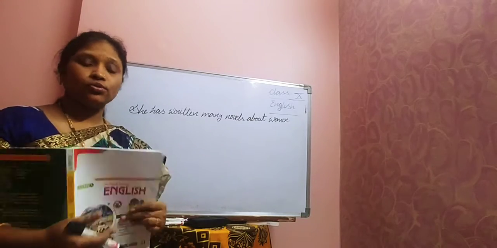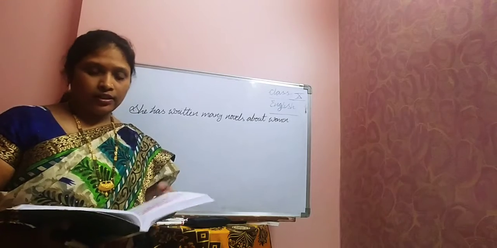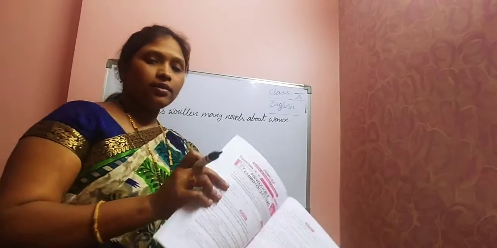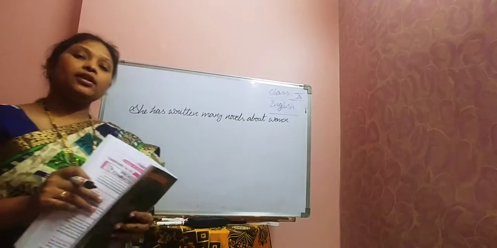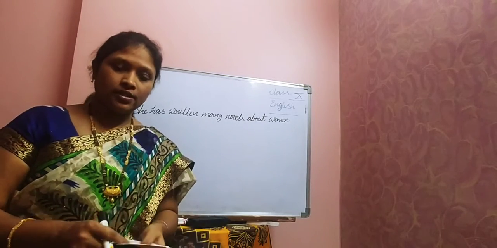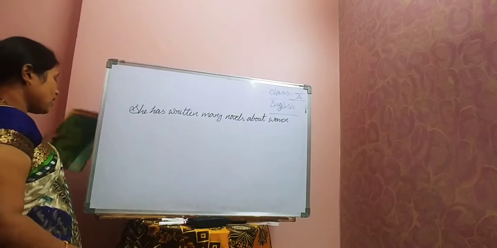What you need to do here, if you observe the 16th bit, it was started with many novels. So you need to rewrite the sentence beginning with many novels. How can it be done?